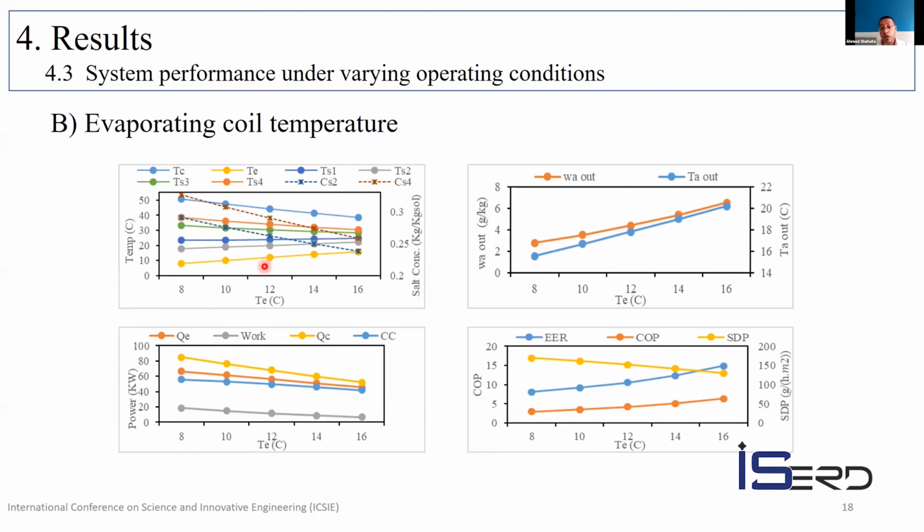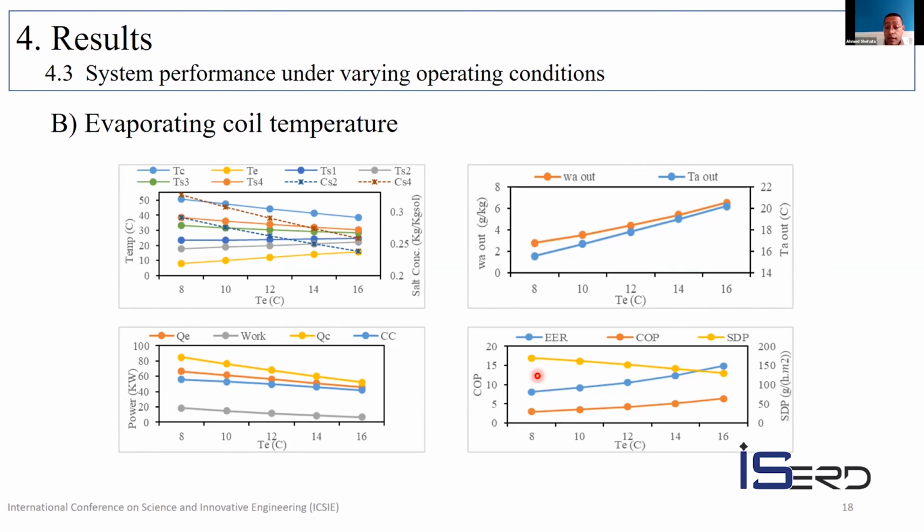The increase in concentration increases the absorption effect and the range of vapor pressure difference, so that more absorption takes place, so that we reach an air humidity ratio of nearly 2 instead of 6, and the temperature decreased, as the overall temperature of the salt decreased from 20 to 16.